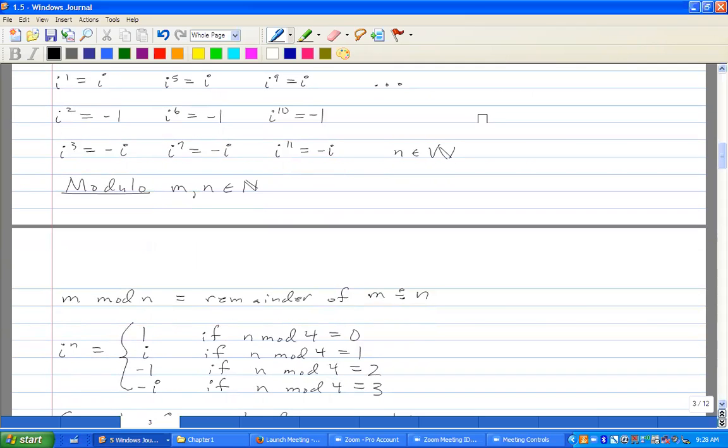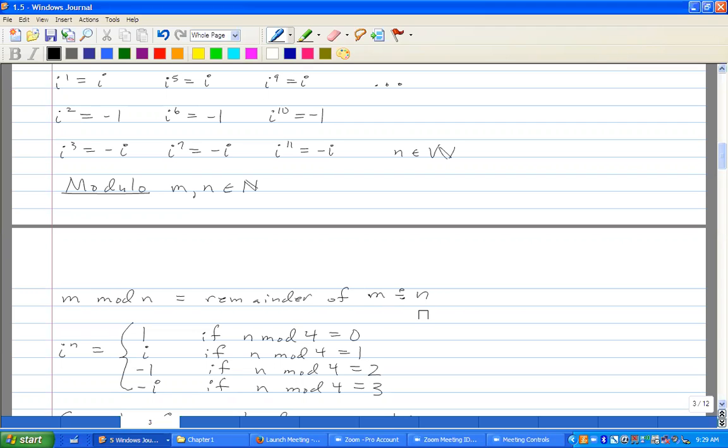But in order to do that, let me give you the concept of a modulo, and so the concept of modular arithmetic. Let m and n be natural numbers. Then m modulo n, denoted by mod, will denote the remainder of m divided by n.